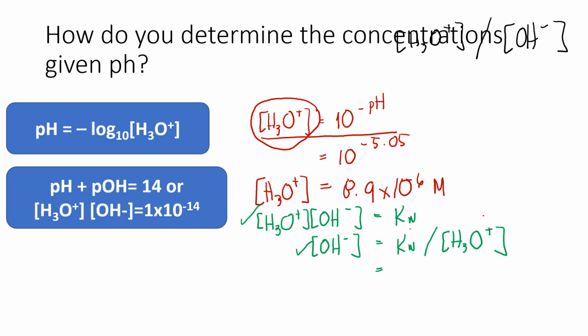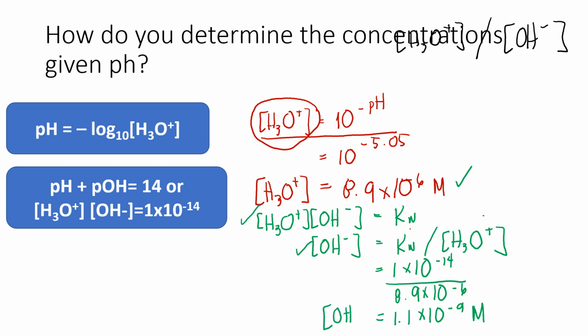So if we plug in the values, that is 1 times 10 raised to negative 14 over 8.9 times 10 raised to negative 6. And we will have the value 1.1 times 10 raised to negative 9 molar. So this will be our hydroxide ion concentration.